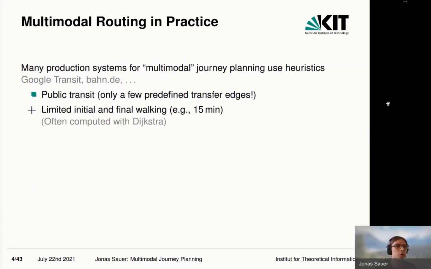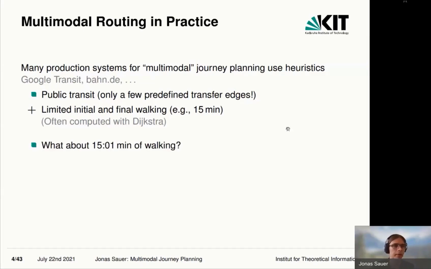And usually multimodal means that they support public transit, which, as we saw in the last session, only includes a few predefined transfer edges between stops that are close by, and then they add some limited initial and final walking on top of that to get from your source location to the first stop and from the final stop to your target location. And limited means that there might be a hard cap on the walking time, such as 15 minutes. And to make matters worse, that initial and final walking is often computed with Dijkstra's algorithm, so the whole thing is pretty slow.